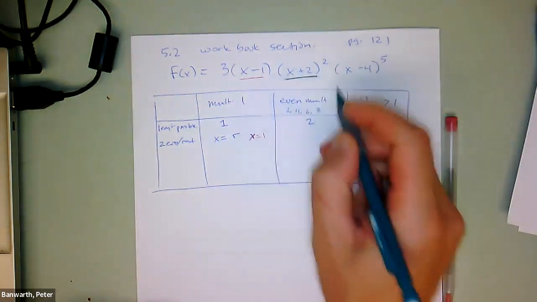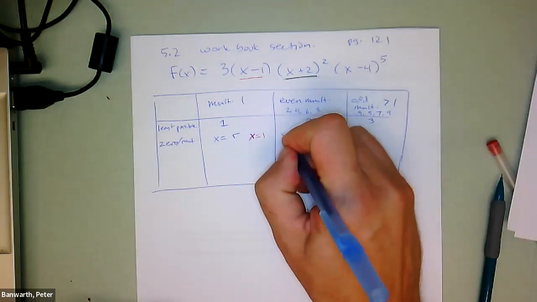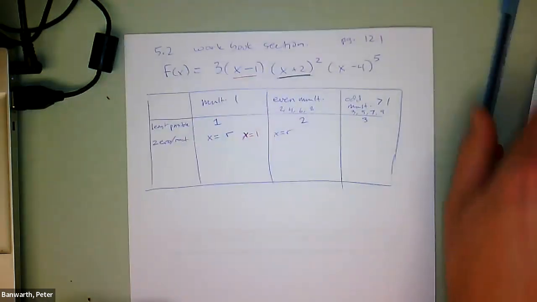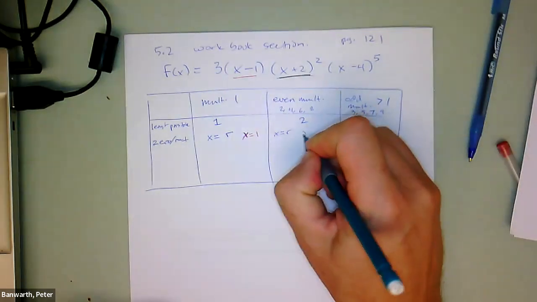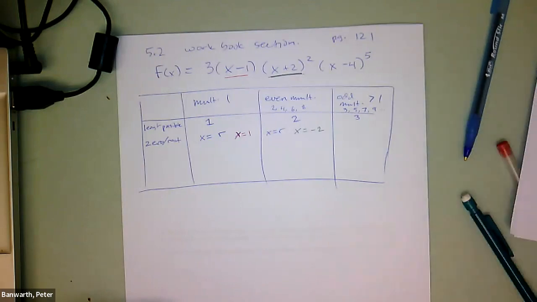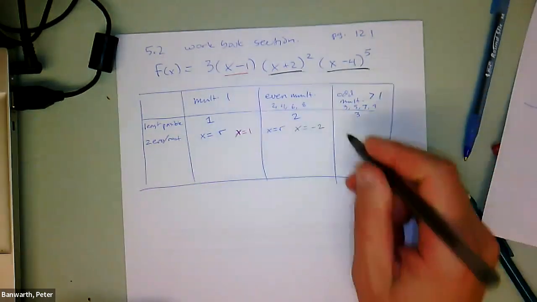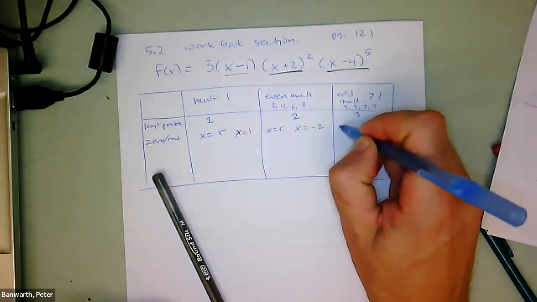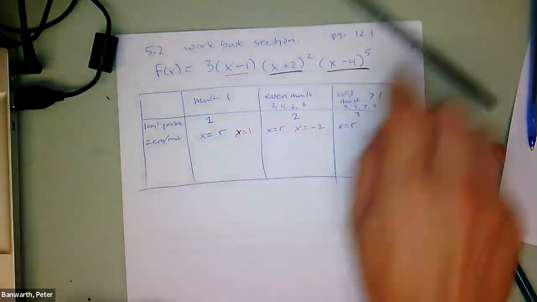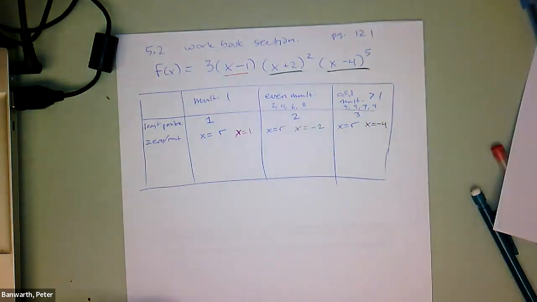Here, if I look at my multiplicity of 2, it's still just written as x equals r, just whatever that root is. And in this case, it's x equals -2. And here for my odd multiplicity, it's still just written as x equals r. And in this case, it's x equals -4.